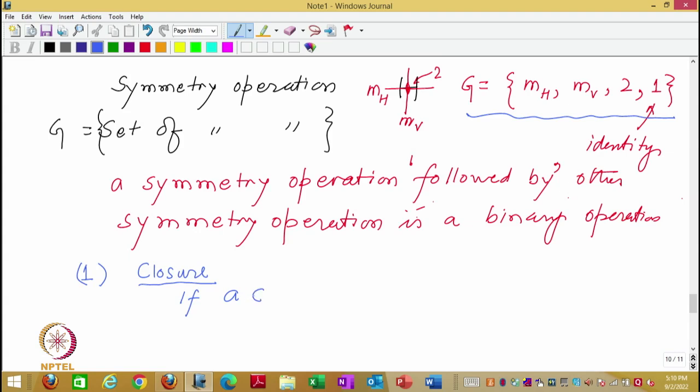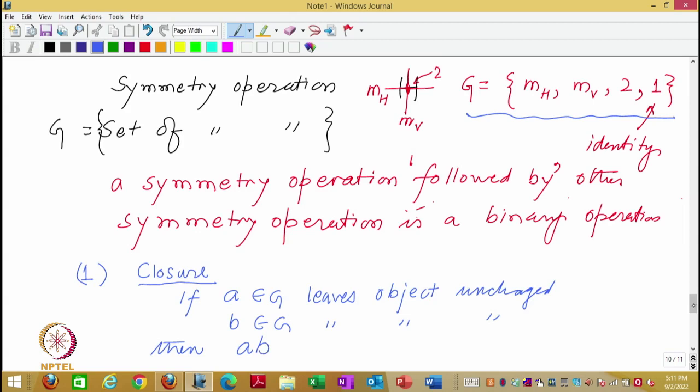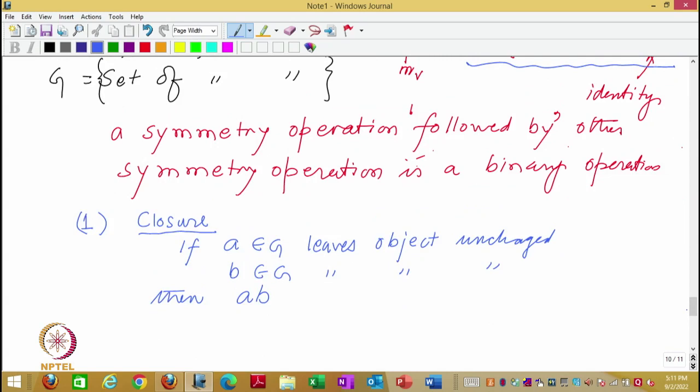if A and B belong to G, then AB is actually A followed by B. First we apply B, no sorry, yes, first we apply B and then A. So, A followed by B should also belong to G, because it leaves the object unchanged by the very definition.